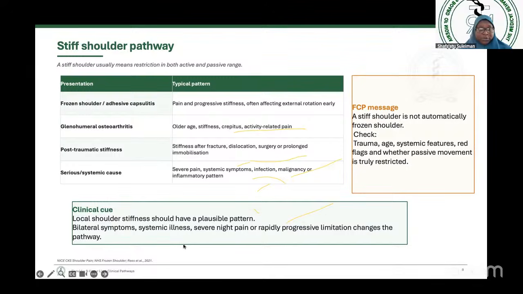Bilateral symptoms, systemic illness, severe night pain, or rapidly progressive limitation change the pathway. So when we have bilateral stiffness, systemic illness, that points towards another direction, obviously not a frozen shoulder. So that definitely will change our pathway.